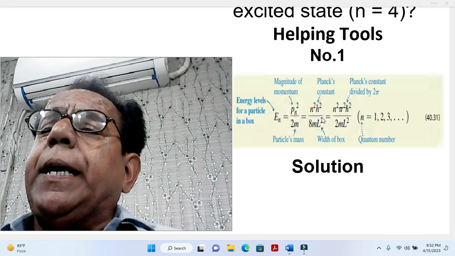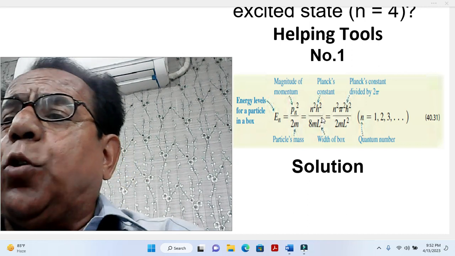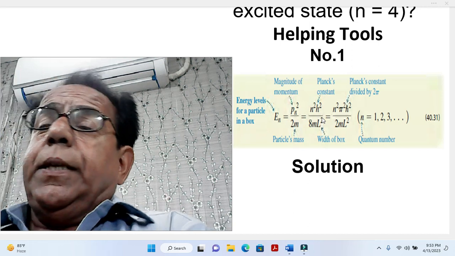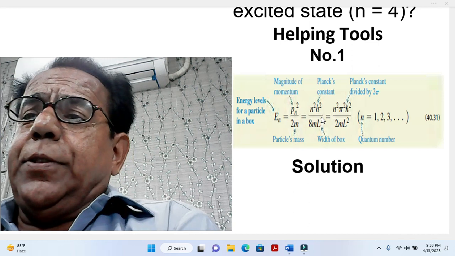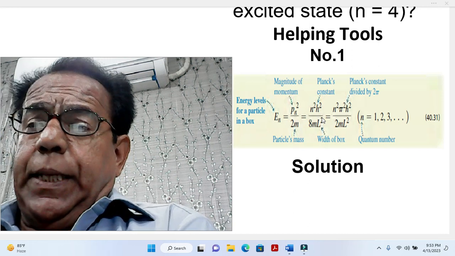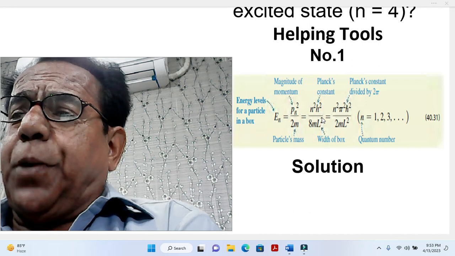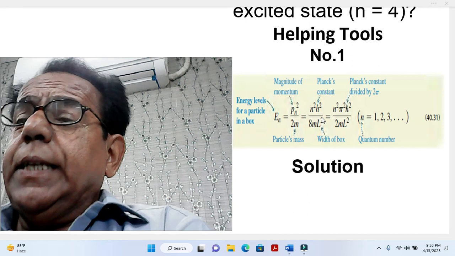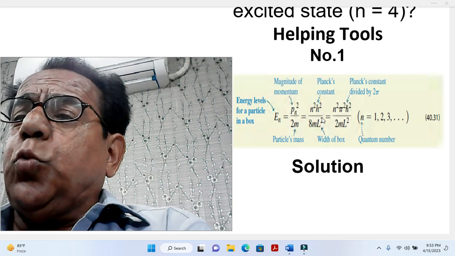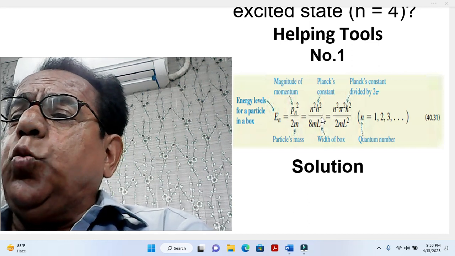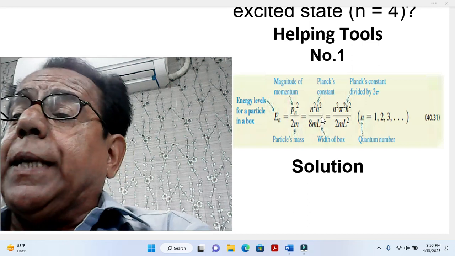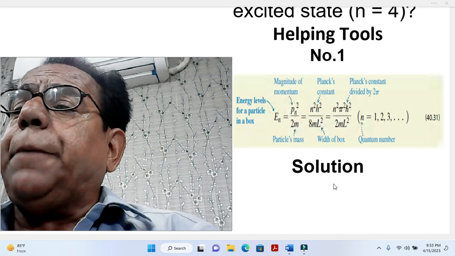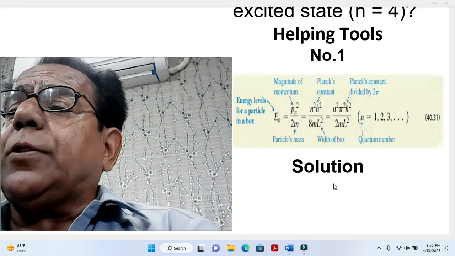Energy levels for a particle in a box, En equal to Pn square over 2m, where Pn is the magnitude of momentum and m is particle's mass. This alternatively becomes equal to n square h square over 8m capital L square, where capital L is width of box and h is Planck's constant.